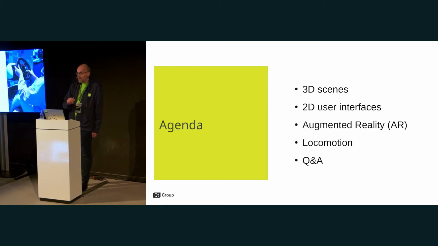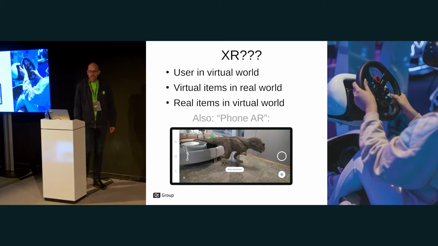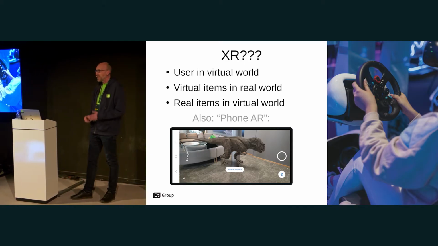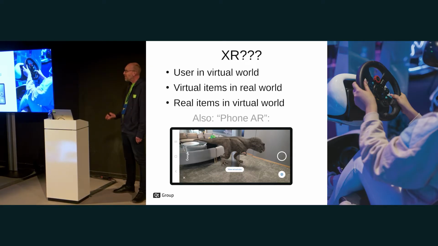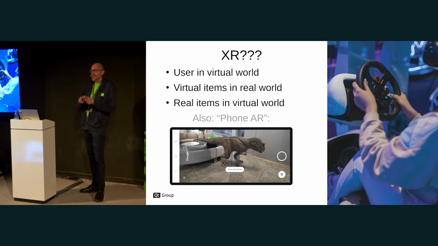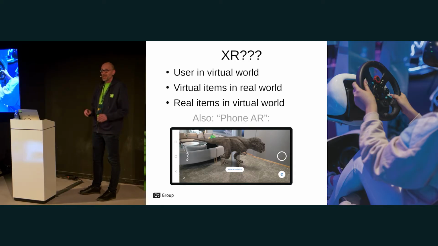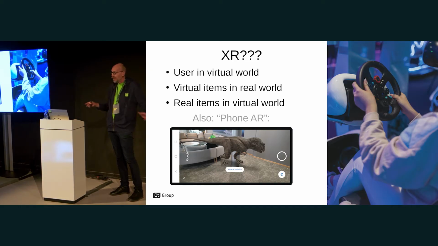So first, let's start by defining our terms. There are so many abbreviations and names floating around, but I like to think about 3 main aspects. One is you build a complete virtual world and you place the user inside that. That's the classic VR. Then you show the real world and you put virtual items around in that world.